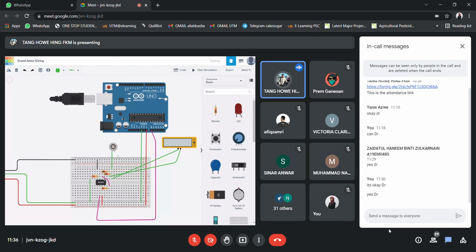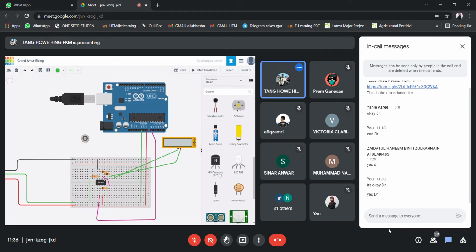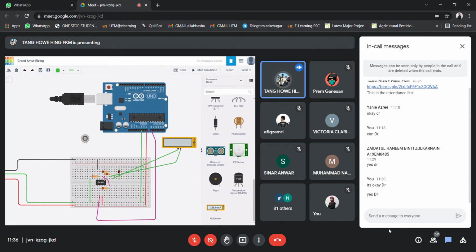Supposedly, a much better way of doing it is to use a voltage follower, so that I can isolate the workload of this photodiode from interfering with these sensors.